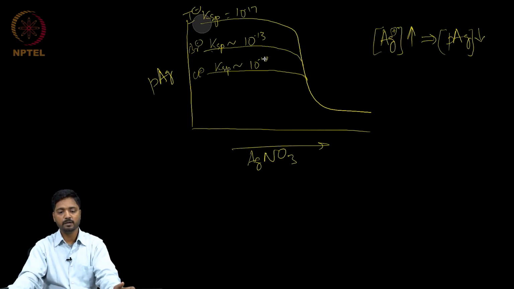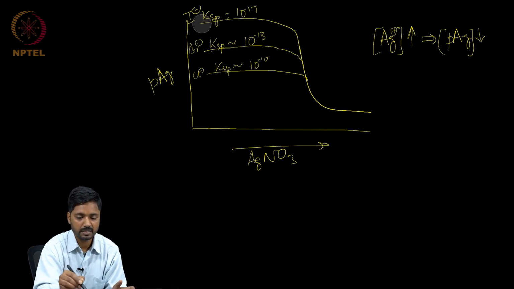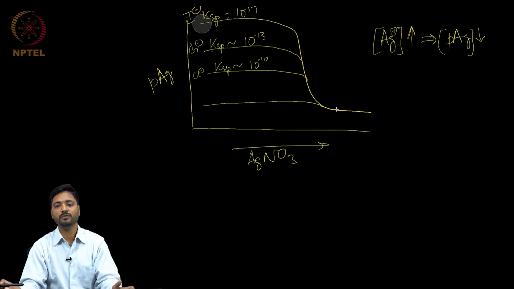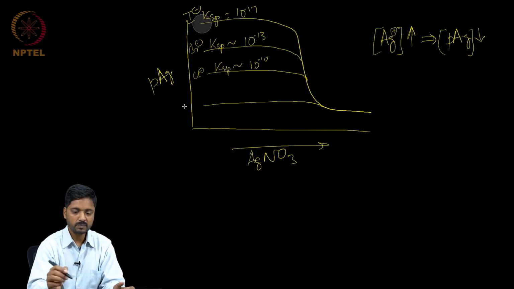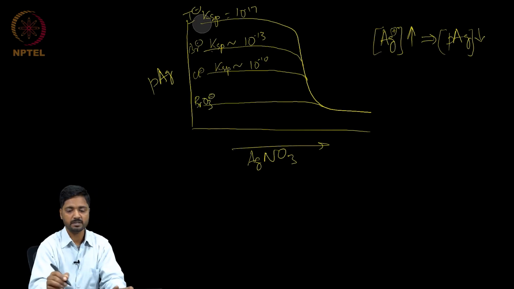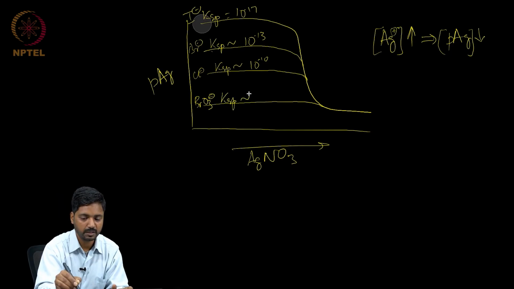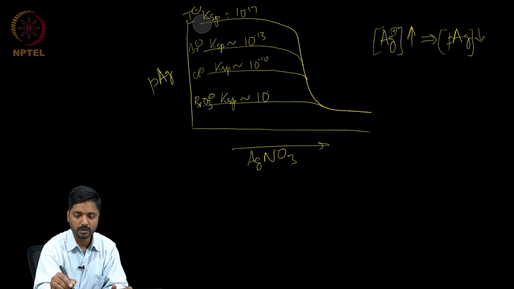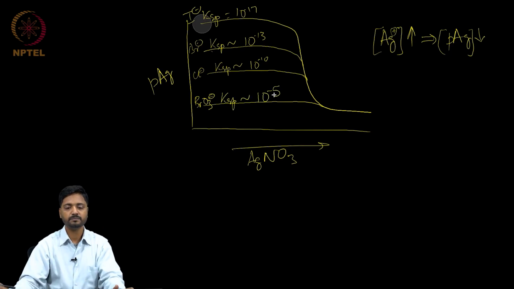For something like bromate anions, this difference is so negligible that we will see very significant titration errors if we were to titrate the bromate anions, because the KSP value here is of the order of 10 to the power of minus 5.